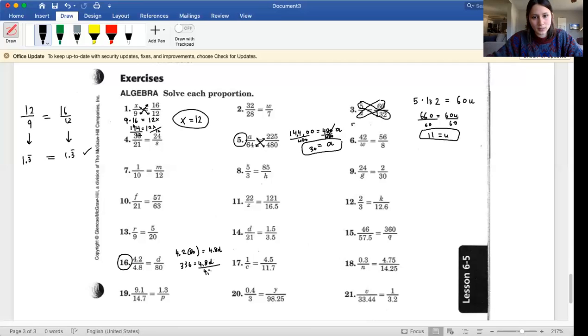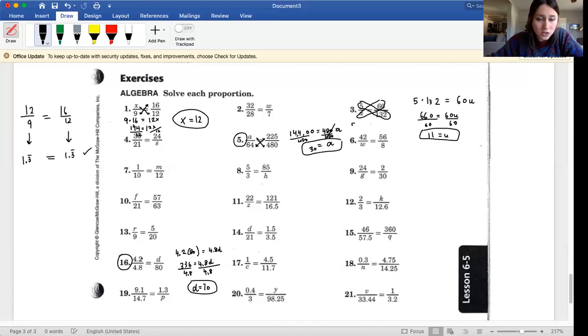Divide by 4.8 on both sides, and sorry, is it 70? The answer is 70. Did I do that right? Let me just double check. 336 divided by 4.8 is 70. Okay, so d equals 70.